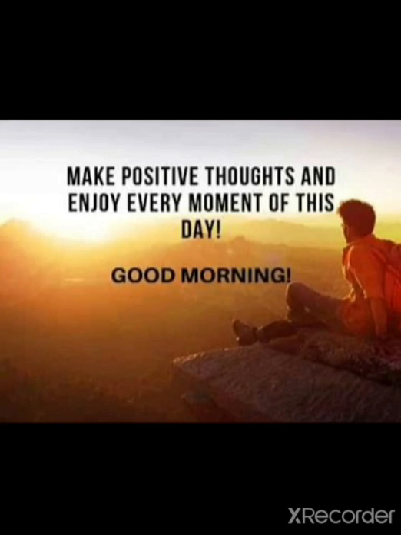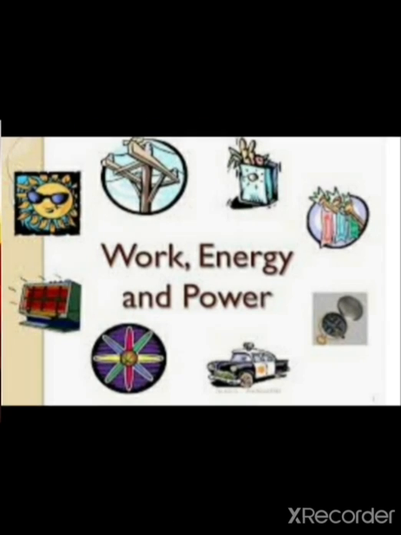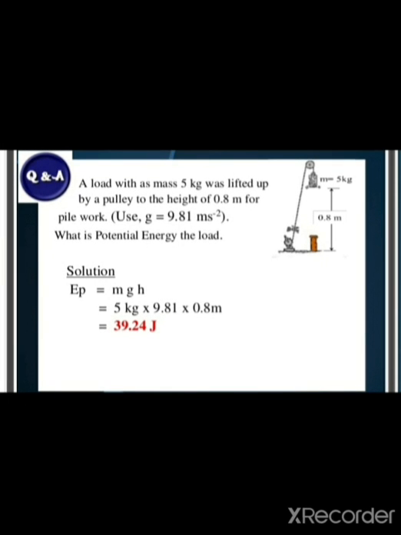Good morning, students. Today we will discuss the numerical problems based on work, energy, and power. So here we are going to start. I am taking the first example: a load with a mass of 5 kilogram was lifted up by a pulley up to a height of 0.8 meter.